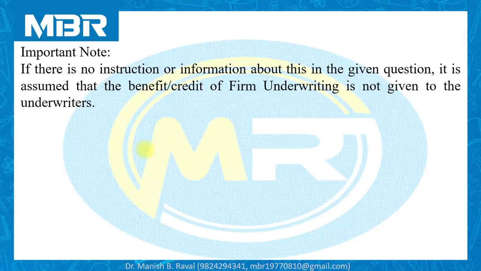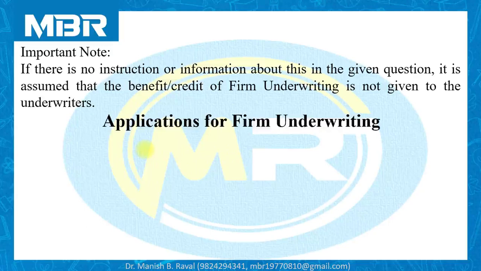If general underwriting is given, then it's very easy for us to calculate. But in addition to the general underwriting, information regarding firm underwriting is also given by the examiner. It is necessary for all of us to read the question very properly, because whatever information is required for the solution of the problem will be available to us from our question only.